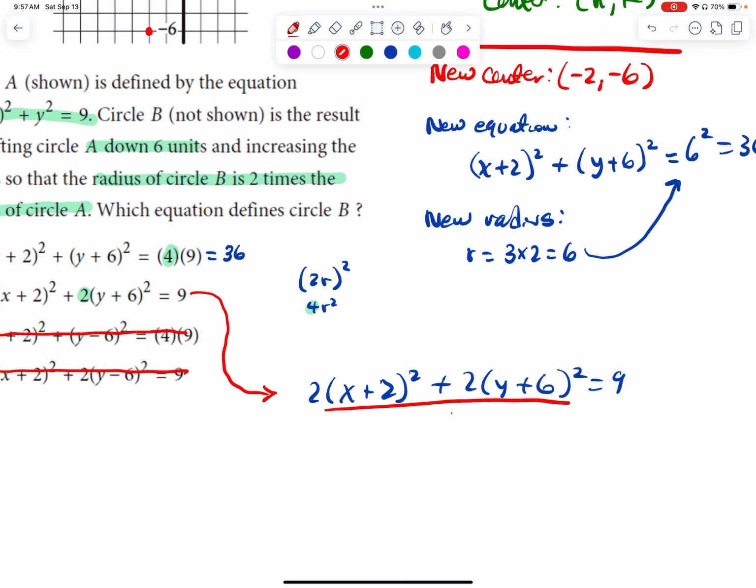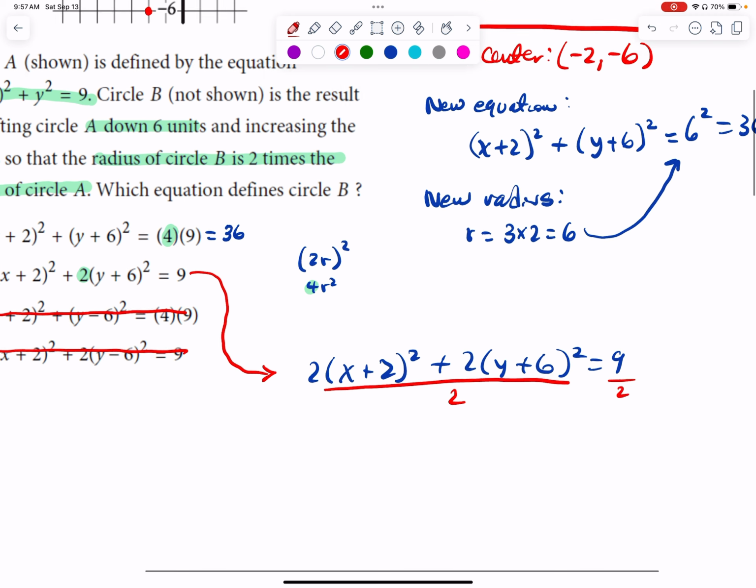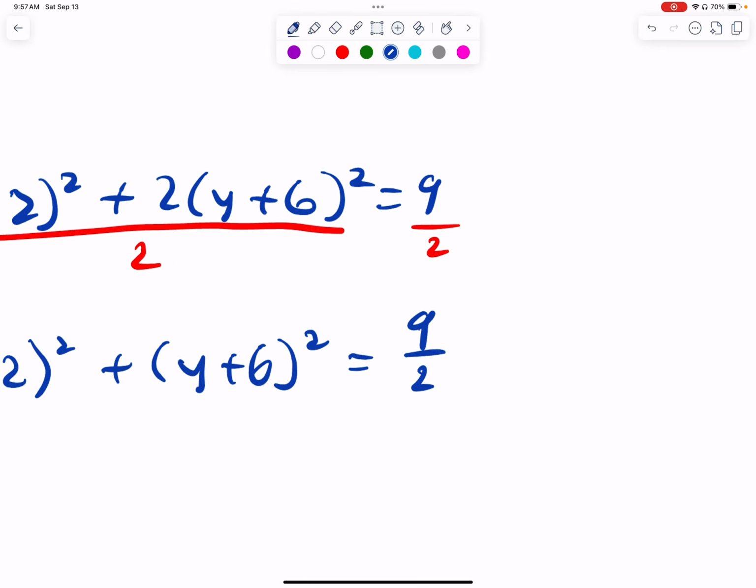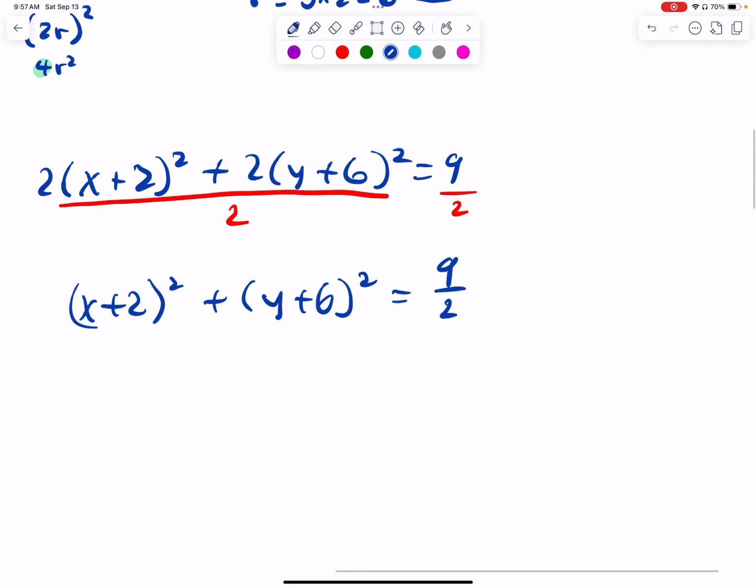So I divide everything by 2 over here, divide everything by 2 over here. And rewriting my stuff, of course, all these 2's on the left-hand side are going to cancel. I'm going to have x plus 2 squared plus y plus 6 squared is equal to, now the 2 over here, of course, doesn't cancel. And remember that this guy is equal to r squared.